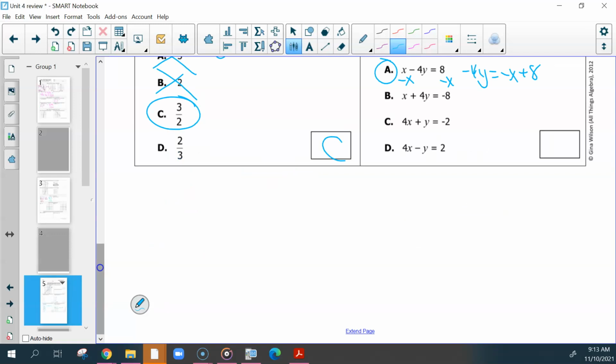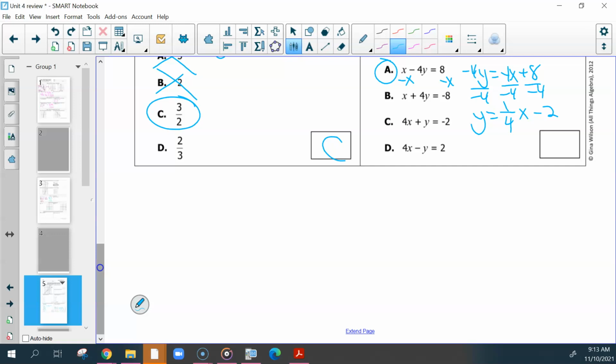And then we could divide everything by negative 4. So we have y equals, this is really negative 1x, so this would be positive 1/4 x minus 2. That has a slope of 1/4 and a y-intercept of negative 2, so that matches.